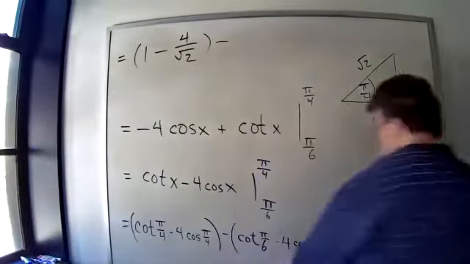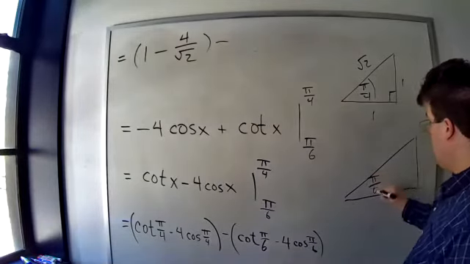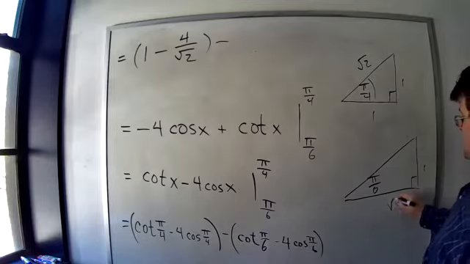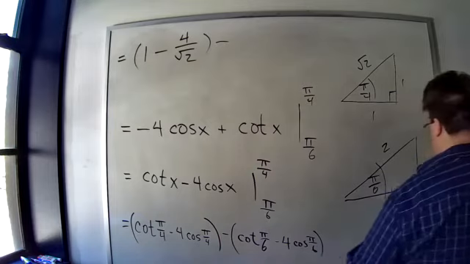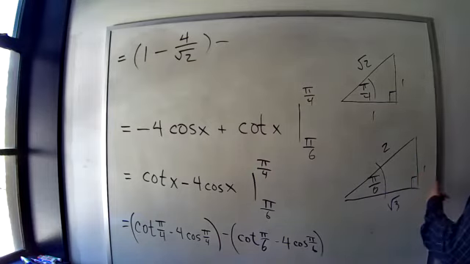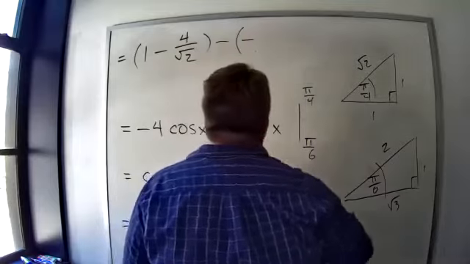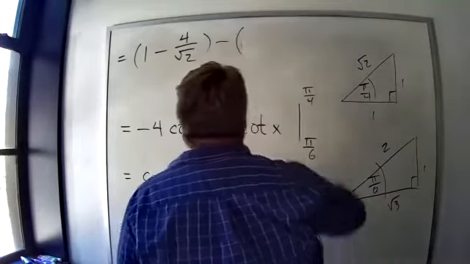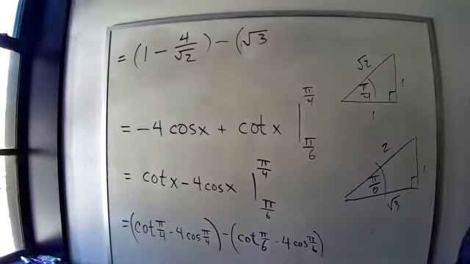And now we need to substitute pi over 6. Well, pi over 6, pi over 3, pi over 2: 1, root 3, 2. The tangent is opposite over adjacent, cotangent, flip that around. So we get root 3 over 1. And the cosine of pi over 6, what's the cosine of pi over 6?